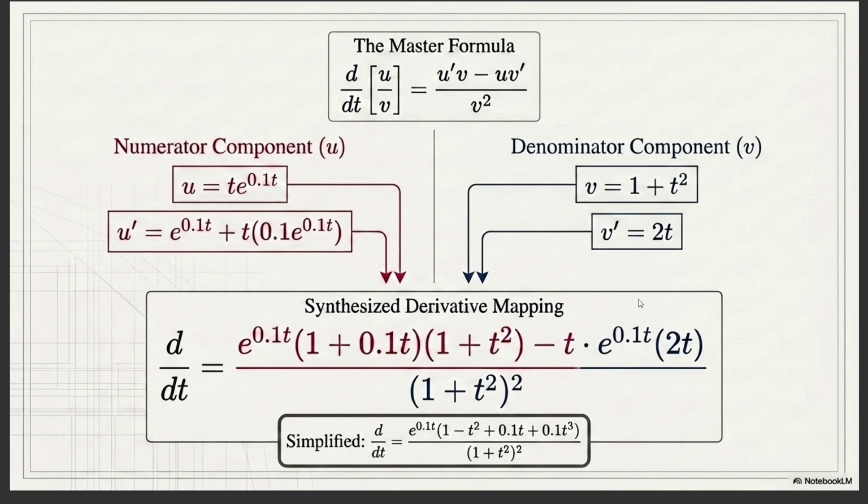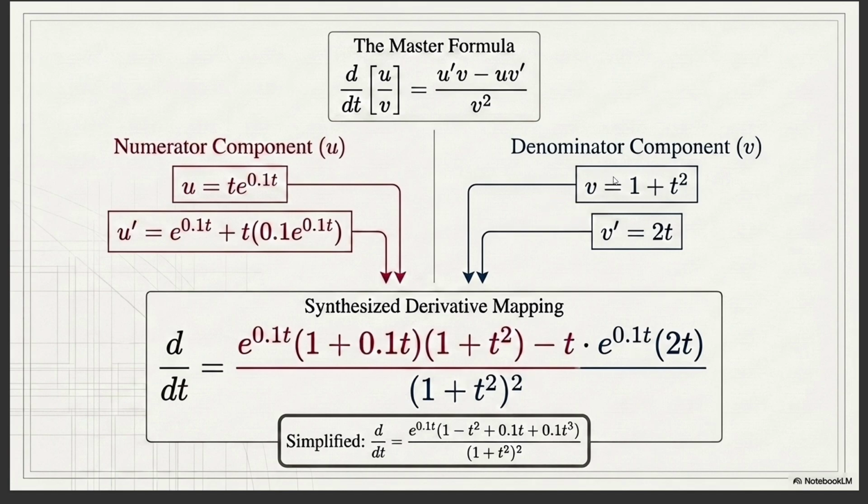After we determine u', v, and v', we arrange them according to the quotient rule formula to get the derivative, which is dH/dt equals e^(0.1t)(1 plus 0.1t)(1 plus t²) minus t times e^(0.1t)(2t), divided by (1 plus t²)².